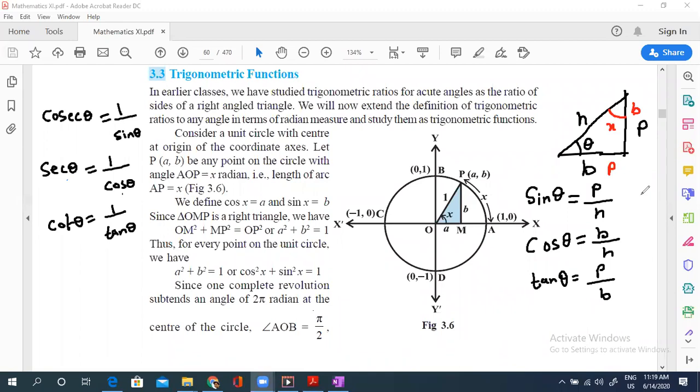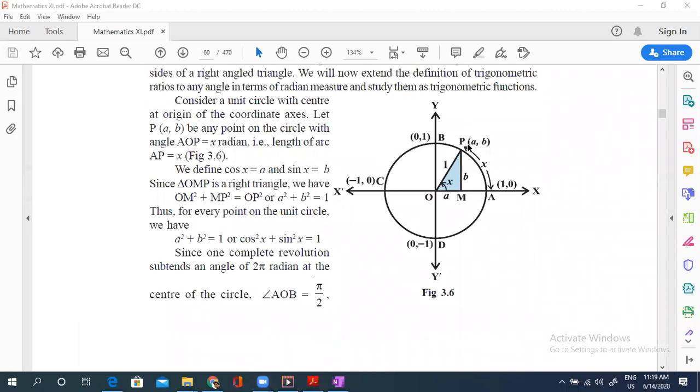Now, we will understand the concept of these functions through the unit circle. I can represent the trigonometric functions, or the change in trigonometric functions, with the help of the unit circle.